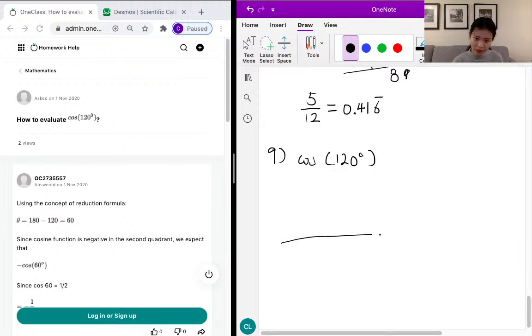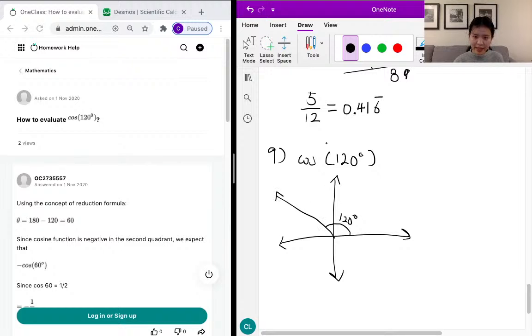First of all, let's draw the angle on the unit circle. So here we have our unit circle, and the unit circle starts from here, and right over here we have 90 degrees, but 120 degrees is larger than 90 degrees, so we have a little more over here. That is 120 degrees, and that would be our angle over here.